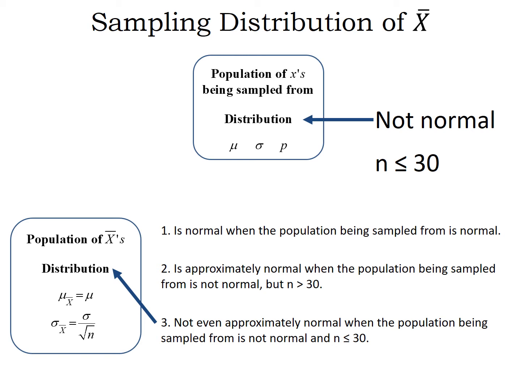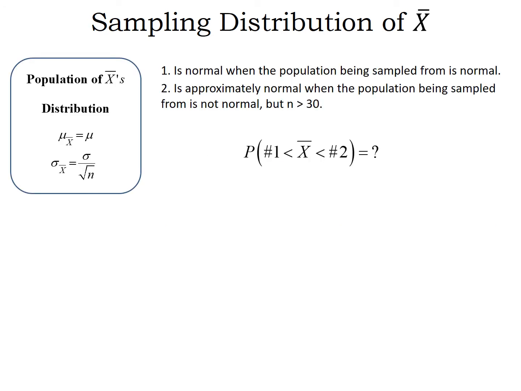First thing I want to establish is, do we know the distribution of x bar? And we're going to walk through these. Is the population normal? If not, do we at least have a large enough sample to make up for it? Otherwise, there's nothing we can do about it. So, in general, we're going to look at a problem like this.